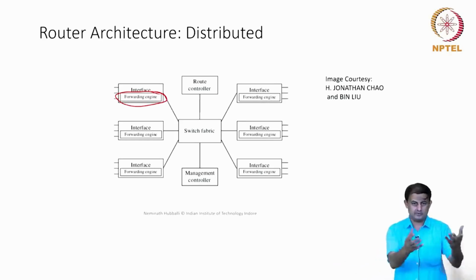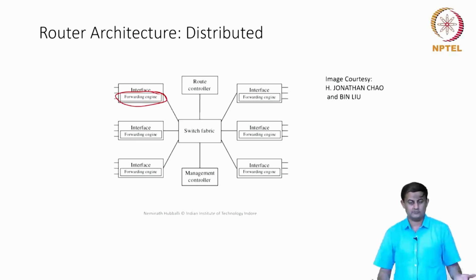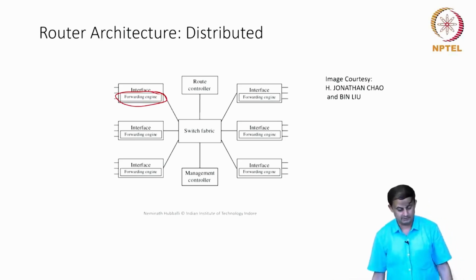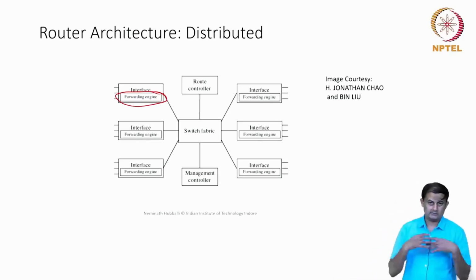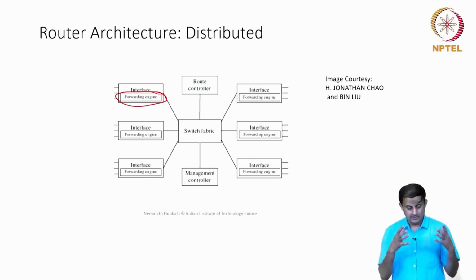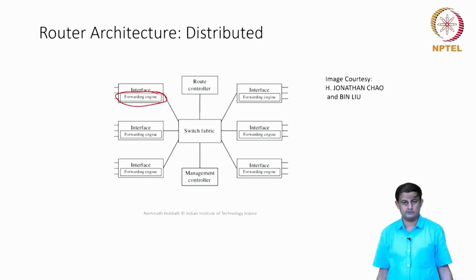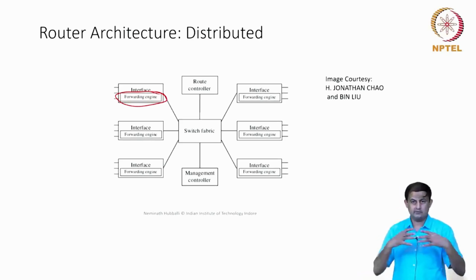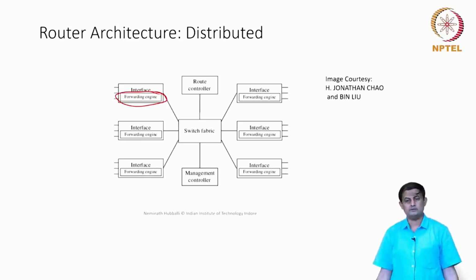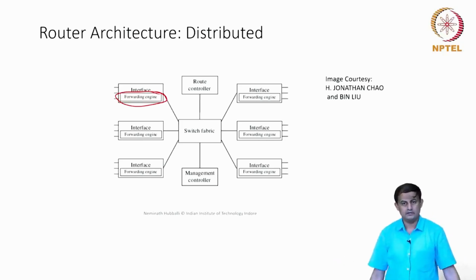I don't have to wait for a forwarding engine to become free to do the lookup operations. Nowadays, the routers that you see follow this distributed architecture, where every interface card has an instance of the routing table loaded along with the necessary network processor to do the lookup operations.